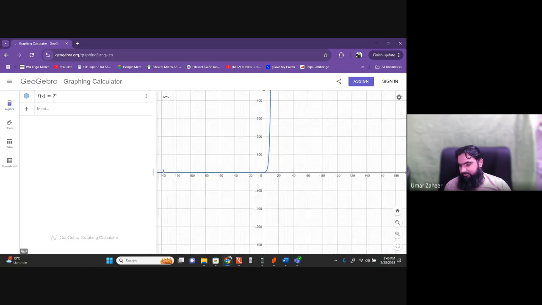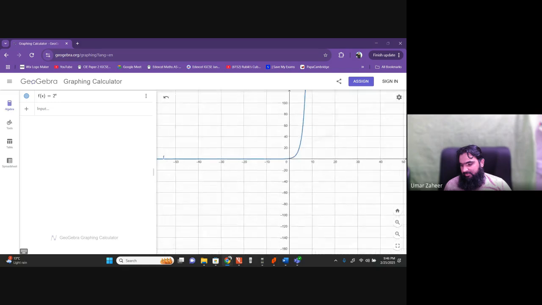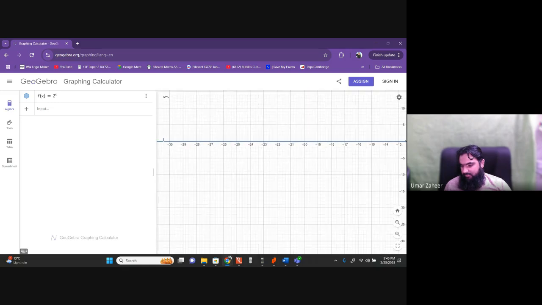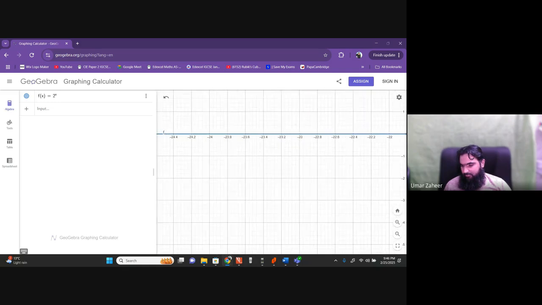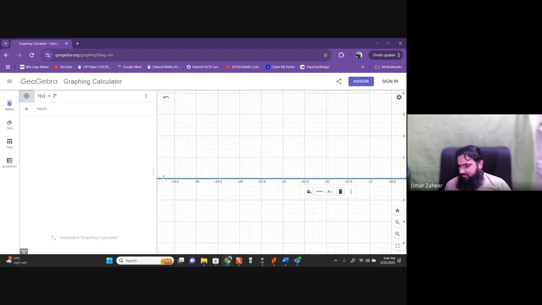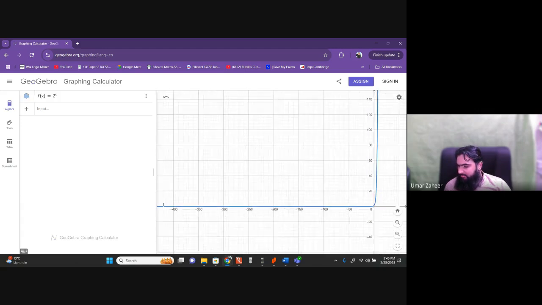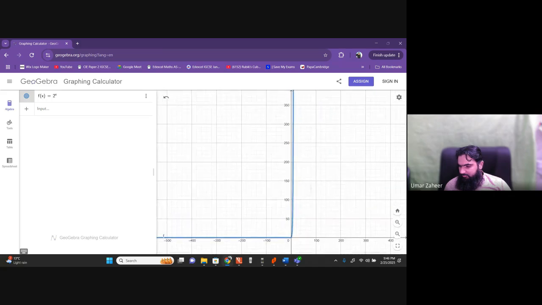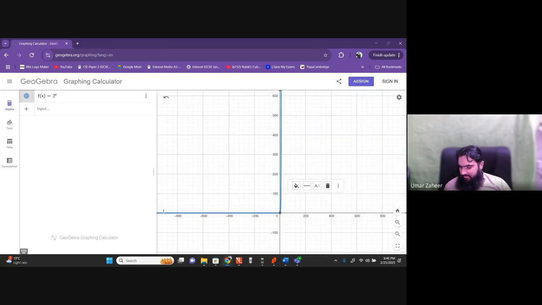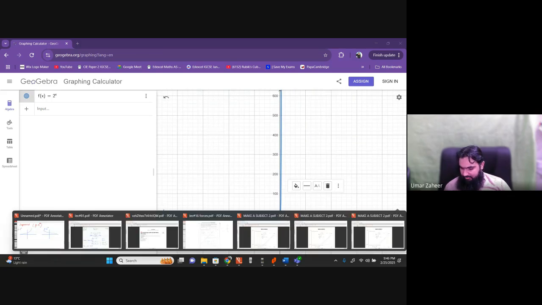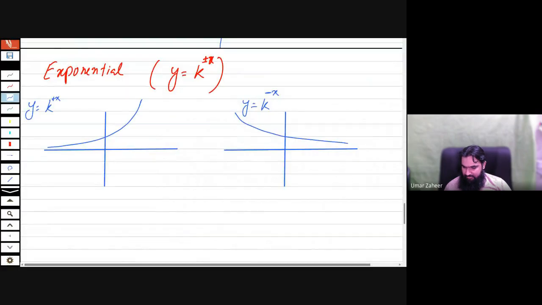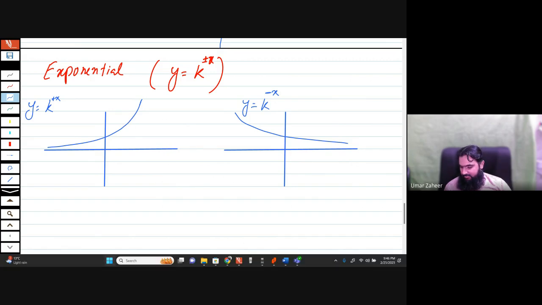Look here. It is moving from left to right, and it is going towards the x axis. My graph is going to be a little bit more smooth. But in actual, it is going to look like this one.